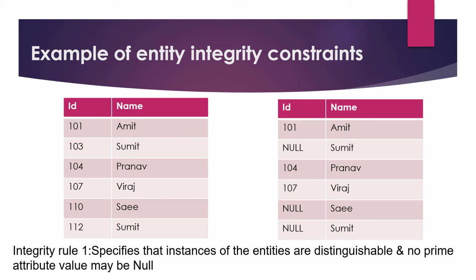There is one example of entity integrity constraints. Consider the attribute ID is the primary key.